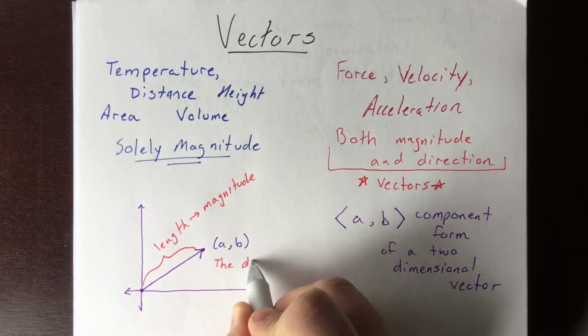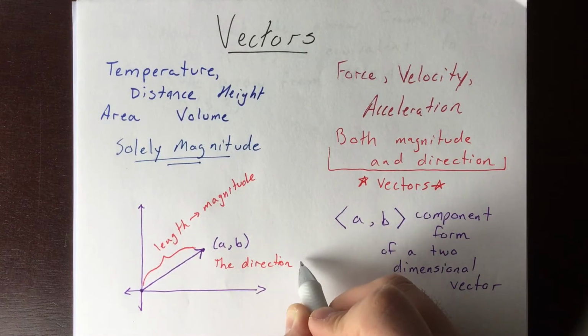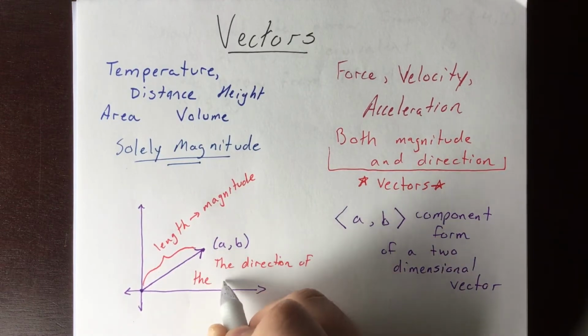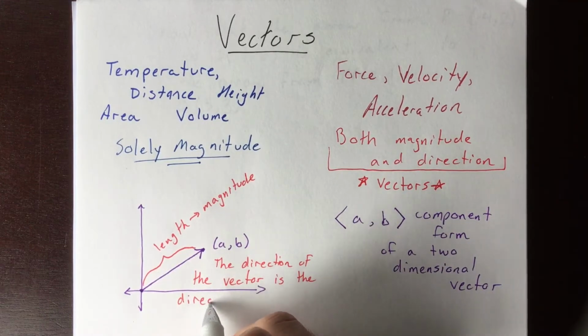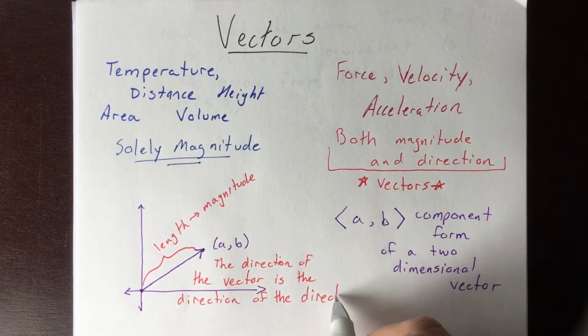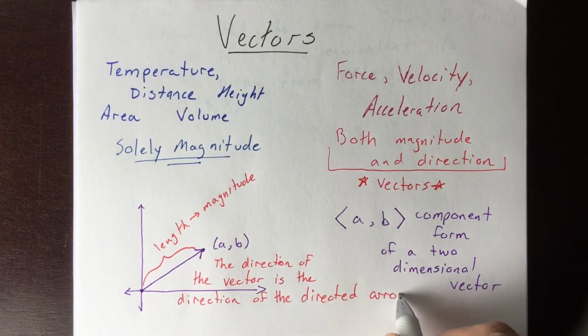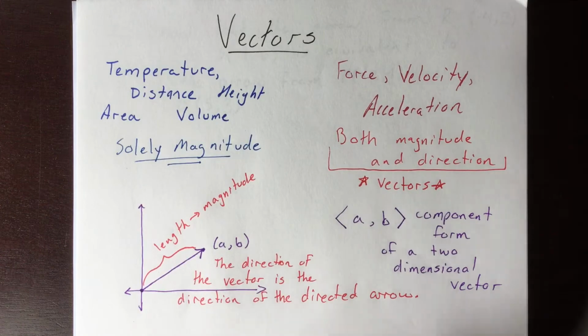The direction of the vector is the direction of the directed arrow. Okay, and we're going to elaborate more on that as we get further and further into this unit dealing with vectors. So just know that vectors are made up of both a magnitude and a direction, and that we have this form, the component form.